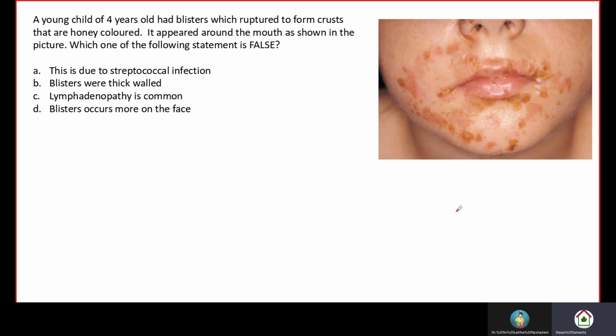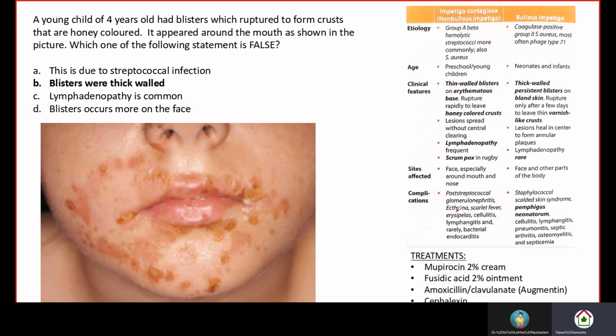So the answer will be: blisters were thick-walled. This is false. It should be thin-walled because they were blisters. In this case, first of all, this condition is typically impetigo.